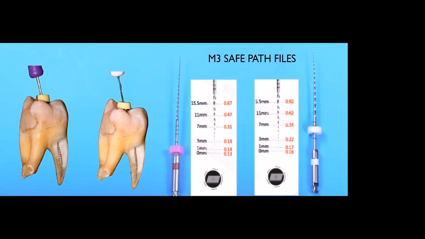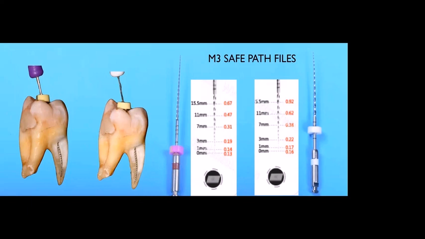So if we decide to do a manual glide path, after using the 10K file, when the 10K file is super loose in the root canal, we are going to use the 15K file. So we start with the watch winding movements with the 15K file, and when this file reaches the apical terminus, we are going to change the movement, and we are going to start with the push-pull movement.